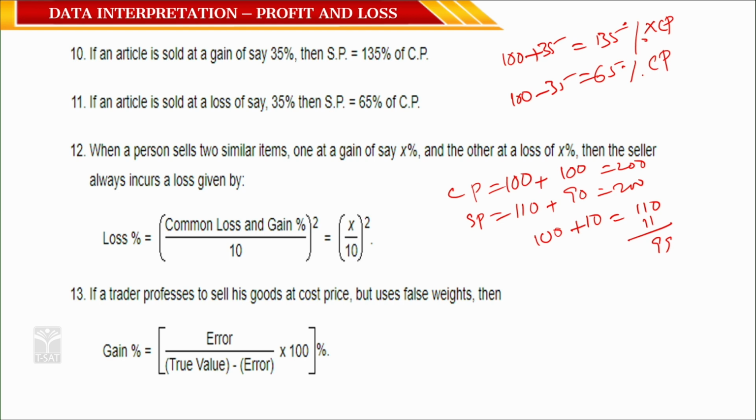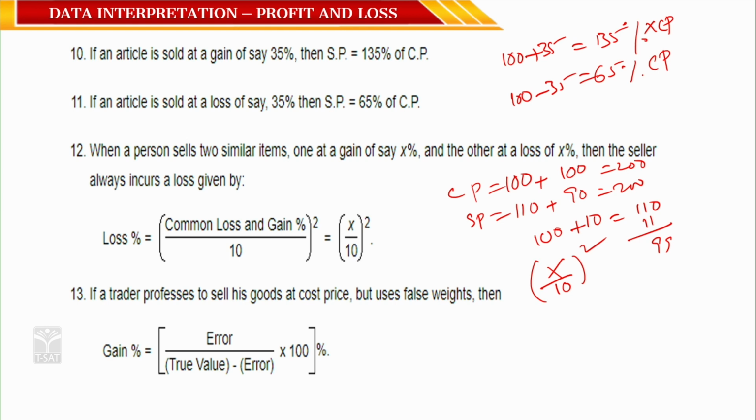When a person sells 2 similar items, one at a gain of x percent and the other at a loss of x percent, then the seller always incurs a loss given by loss percent is common loss and gain percentage by 100, that is x by 10 whole square.